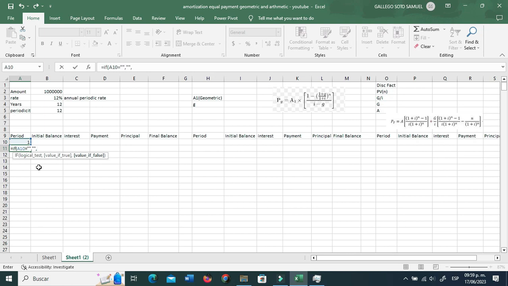If not, if the value above is less than the years times the periodicity, we're going to look this up. Let me show you, using F4 so you get the money sign before the letter and before the number. Then use this one plus 1, or else just type nothing.